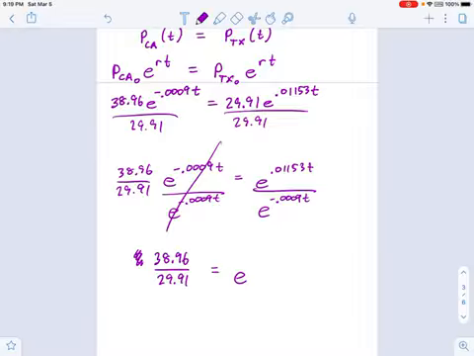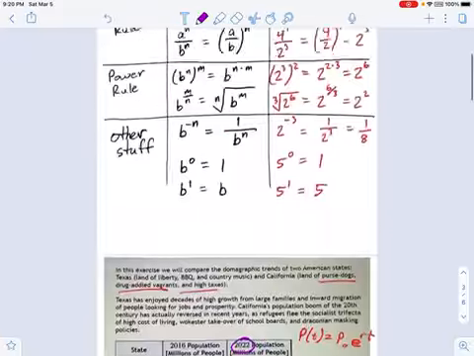And now, what do I get? I get e to the 0.01153 t minus, because of that division, negative 0.0009 t. This uses one of the basic rules of exponents, which is that when you divide two exponential functions, you subtract the exponents themselves.